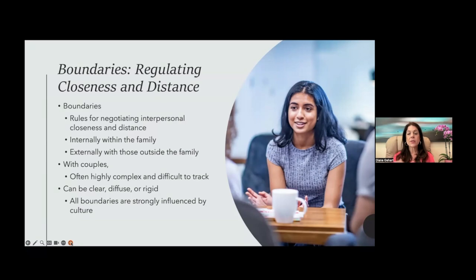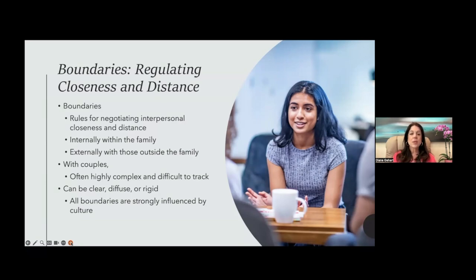There are boundaries both within the family, between parents and children and siblings, as well as between the family and the outside world. Some families are much more open, with lots of people in and out of their lives. Other families are much more closed, and they're very careful about who they socialize with, connect with, and let into their lives.